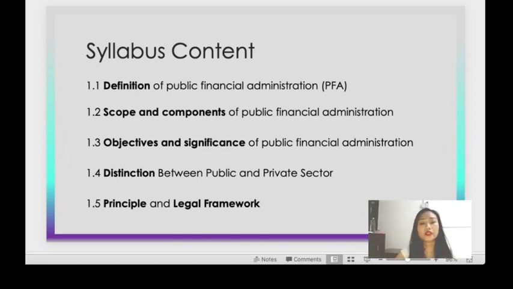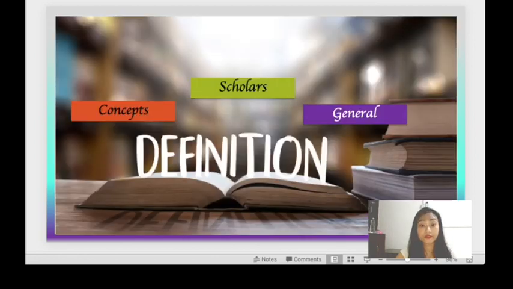Okay, for point 1.1, we will define what is PFA based on these criteria. The first one is we'll define what is the meaning of PFA based on scholars' opinions. What are they thinking about the definition of PFA?